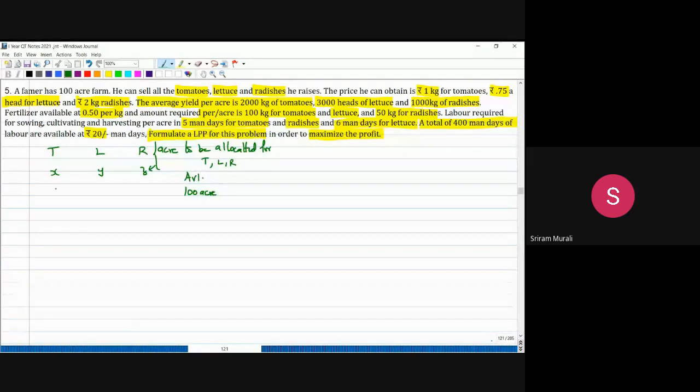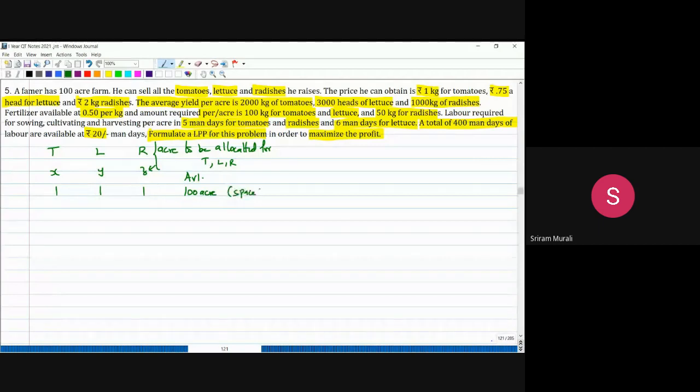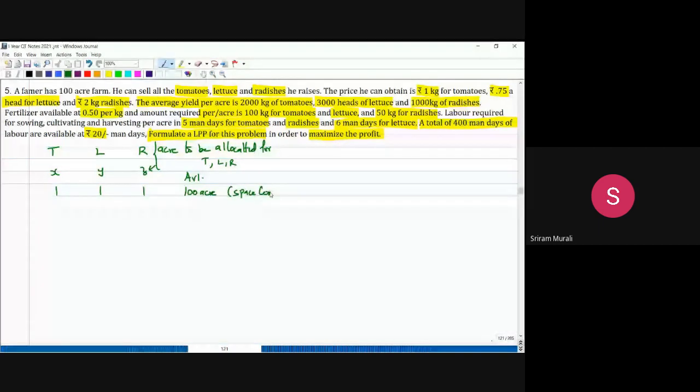The ratio for tomato, lettuce, and radishes is yet to be decided. That ratio is not given, therefore we take it as 1:1:1. The first sentence, he has a 100-acre farm, is a space constraint.